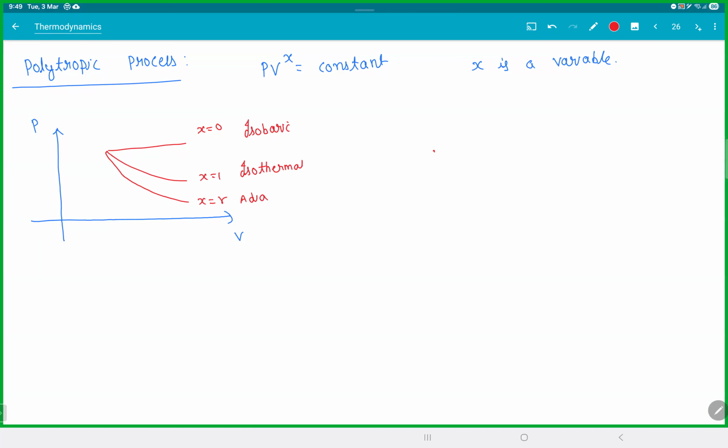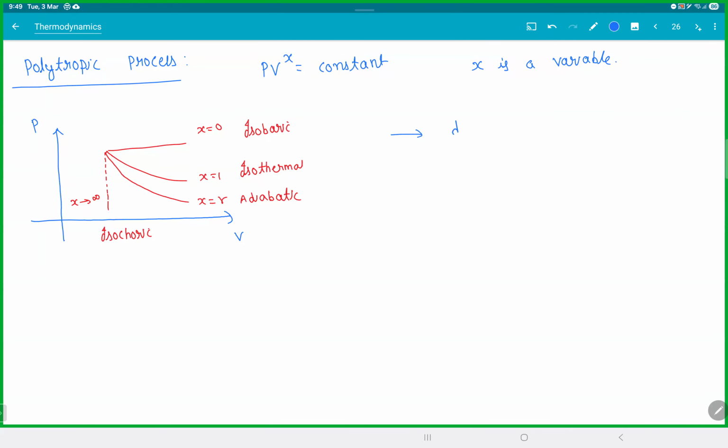So be careful: if they give PV power 3 is equal to constant, gamma is not 3. I used to think gamma is 3 and used to do all the problems, and it used to be messed up. Gamma has its own special value of 1 plus 2 by f. That x could be anything; for some values it becomes adiabatic. If I put x tends to infinity, then it becomes an isochoric process. So you can actually play around with all the processes.